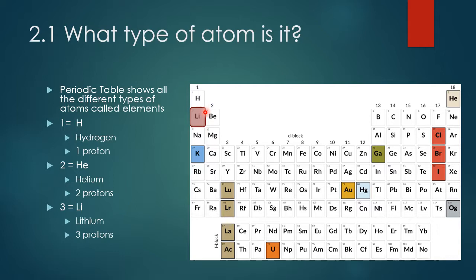The number of protons determines what type of element it will be. 4 protons is beryllium, 5 protons is boron, 6 protons is carbon, 7 protons is nitrogen, etc. And just to remind you, atomic number is just this number that you see in the upper left-hand corner, and that is the number of protons in the element.